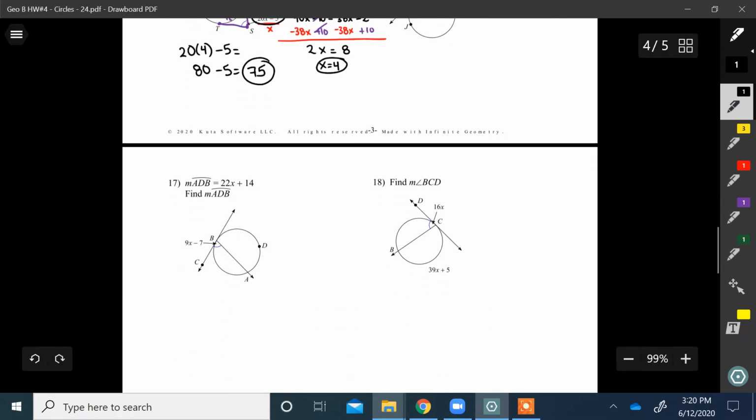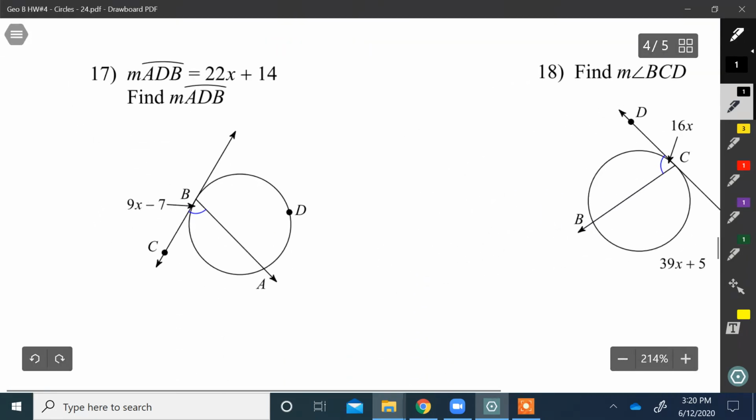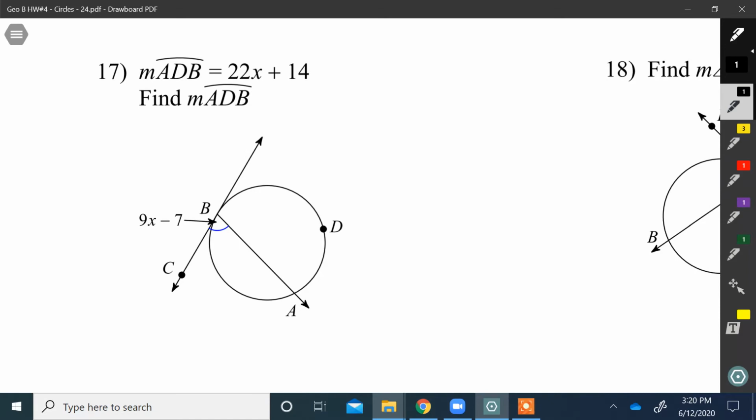All right, let's do number 17. On this one here, they're asking you to find the measurement of the arc. Well, that is the same as finding an angle pretty much.